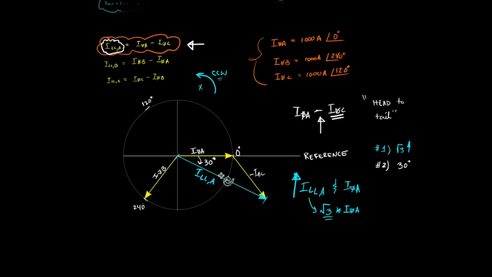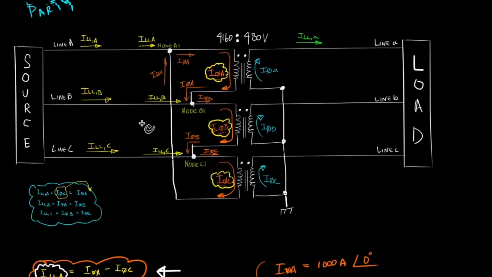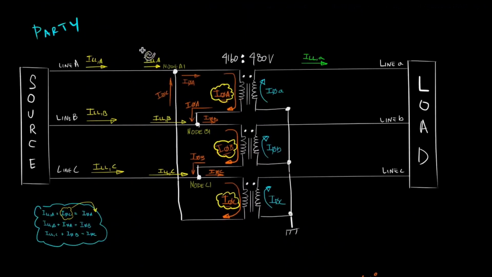Going back to our diagram, if we compare this line current with this phase current, which flows through the primary phase A winding, the line current is square root of 3 times larger than this phase current, and it also has a 30 degrees phase shift with respect to this phase A current, okay?